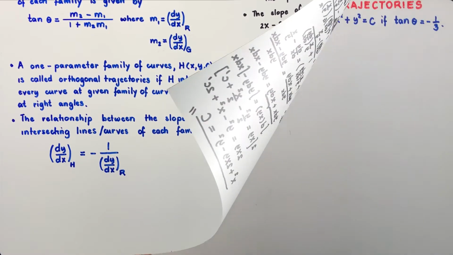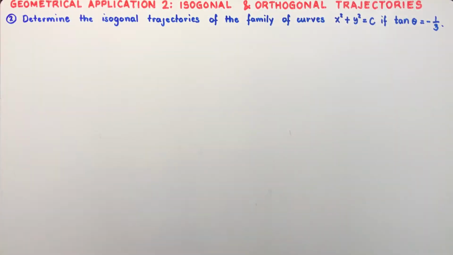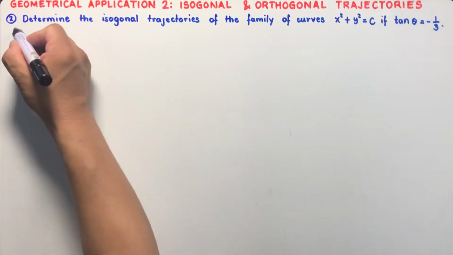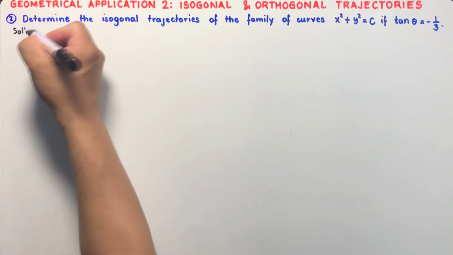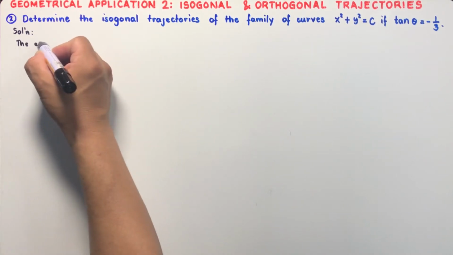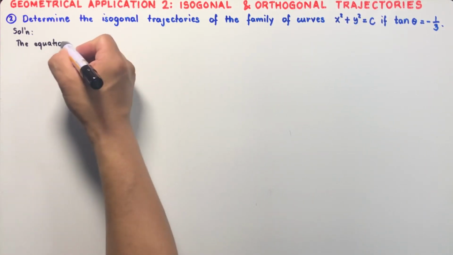So let's proceed to our example number 2. Determine the isogonal trajectories of the family of curves x squared plus y squared equals c if the tangent of the angle between them is negative 1/3. So in this problem, we are given the equation of the family of curves.